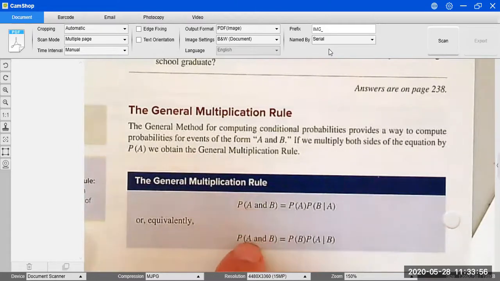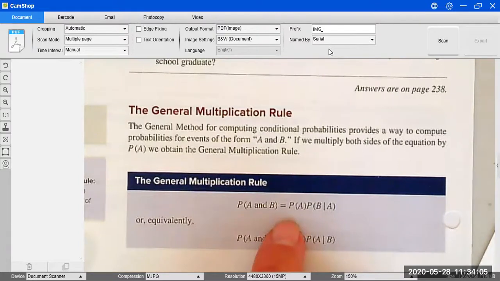Remember, when you have the OR operator, you use the addition rule. When you have the AND operator, you use the multiplication rule. And you're going to get the same result if you get first the probability of B times the probability of A given B.